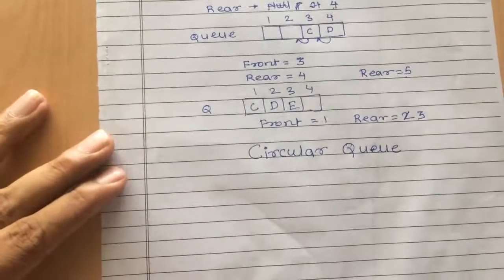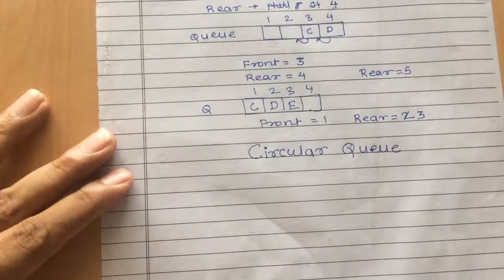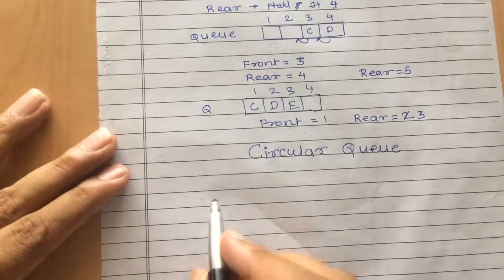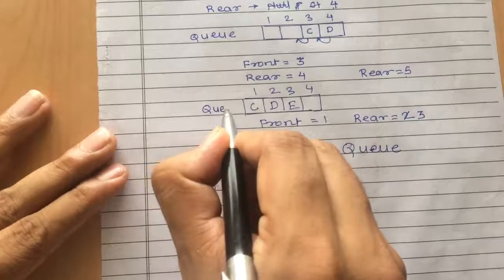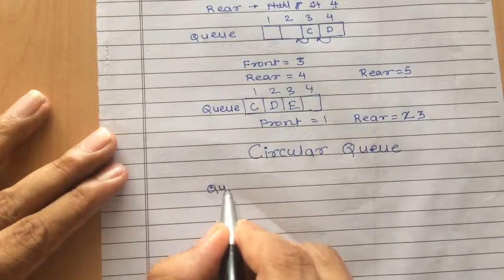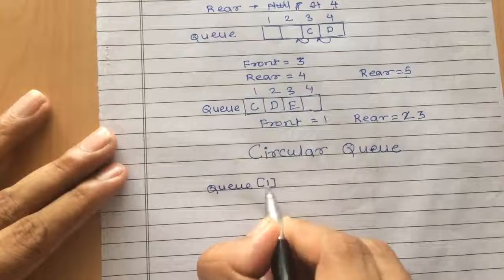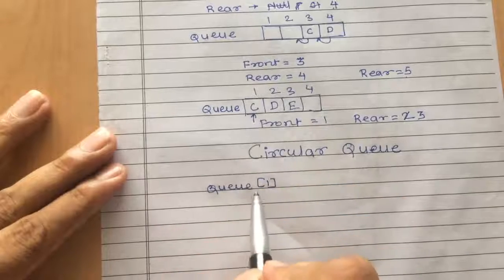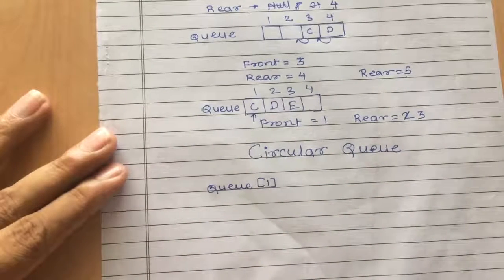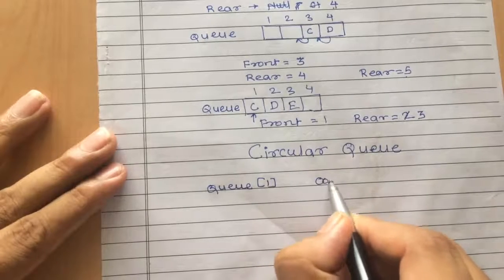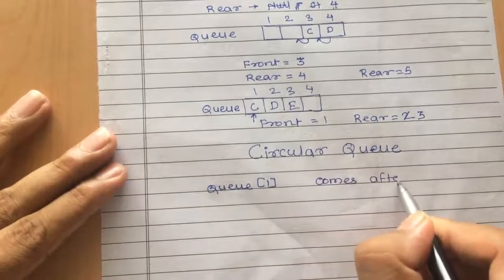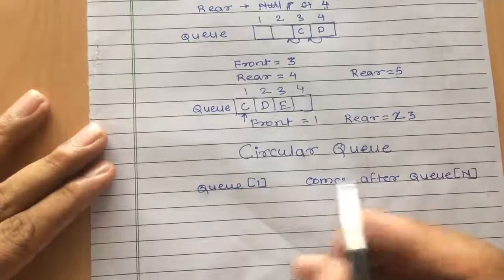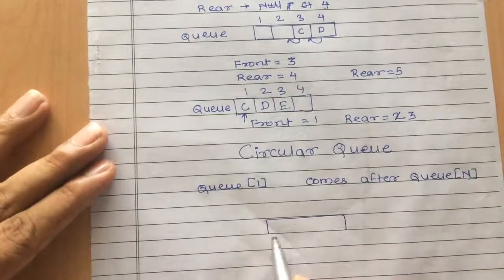What does this circular queue mean? Simply, in case of circular queue, the element Q of 1, we can say this is Q. In case of circular queue, Q of 1 means this location, or this element, Q of 1 means this C element. Okay, this Q of 1 comes after Q of n.